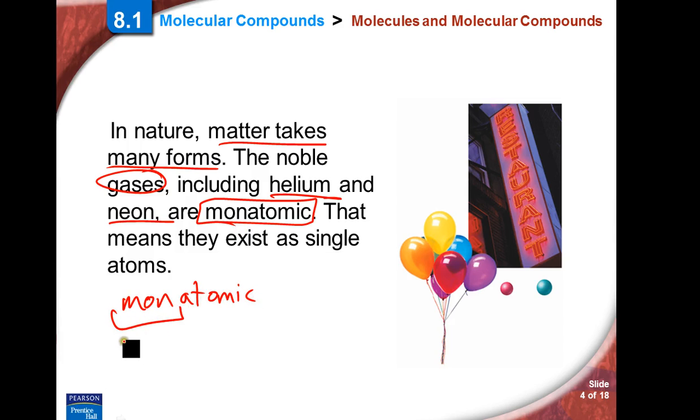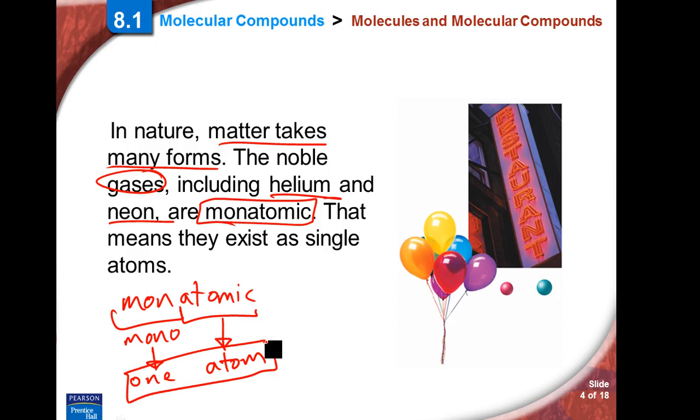Mon is like mono, which is 1, and atomic is, well, atoms. So monatomic means 1 atom. Now, these are single atoms. The way these look kind of depends on the state of them, but these are one.